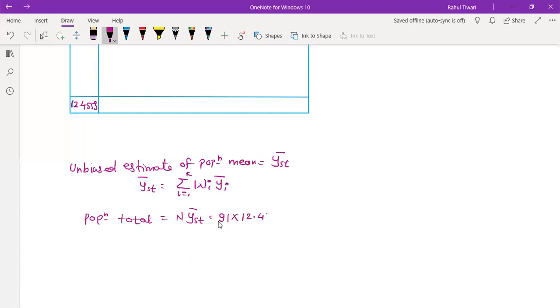I think maybe the accurate answer, if you take up to 5 or 6 digits, then you may get this answer. But whatever answer you are getting, you take based on that, because you will get an approximate total, not the exact total value.